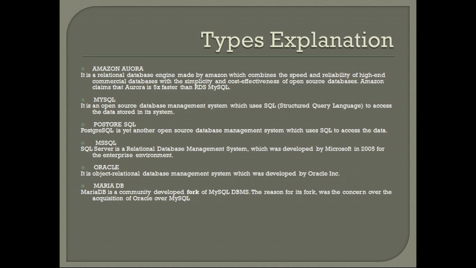We follow the same query language to insert and retrieve the data stored in the system. The next one is PostgreSQL. PostgreSQL is yet another open source database management system which uses the same SQL, structured query language, to access the data. So MySQL and PostgreSQL are nothing different, but the same.